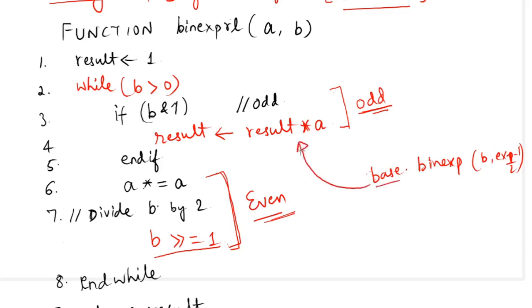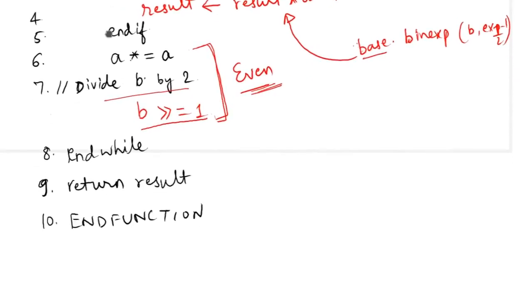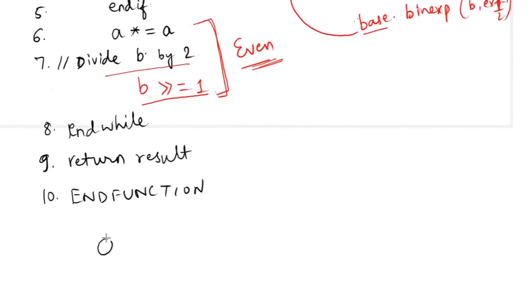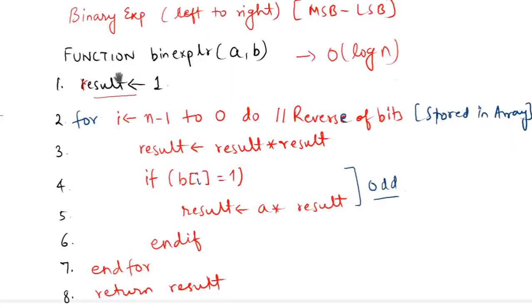This is being represented here in the recursive iterative form, while for the even case it was represented like binary exponentiation base, x by 2. So by 2 we are dividing, so this was for the even case. Hence this will work from the LSB to MSB side and it will give us the result in log n.